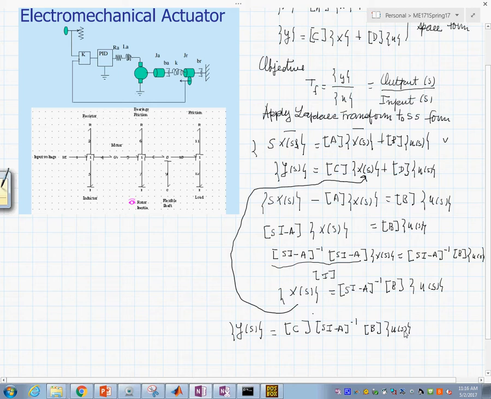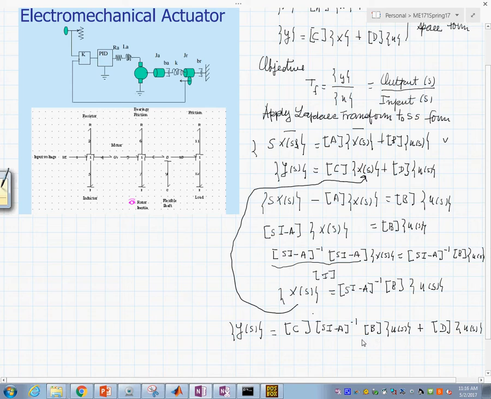So that is C times X of s, which I just wrote, then plus the matrix D times U of s.